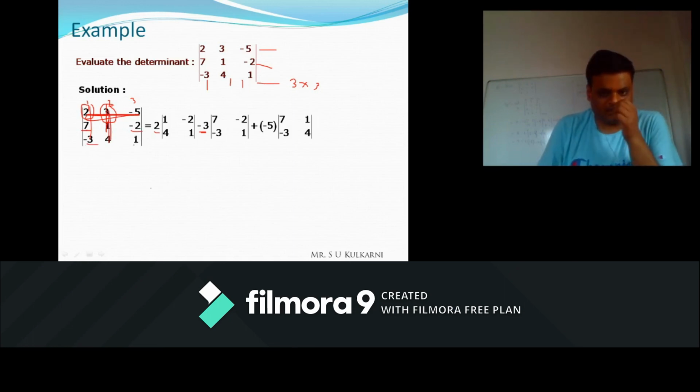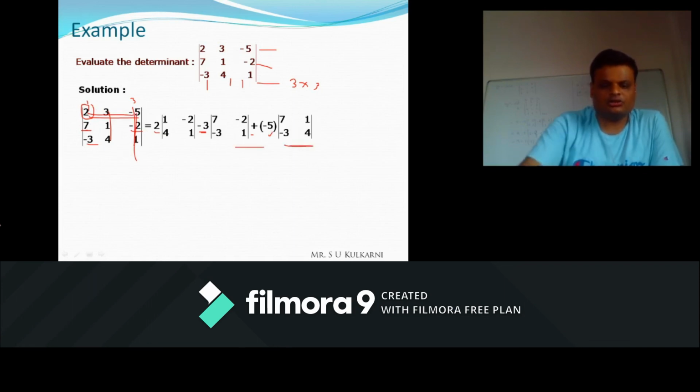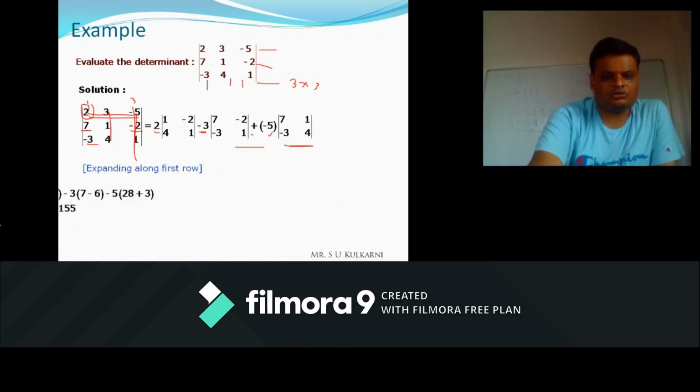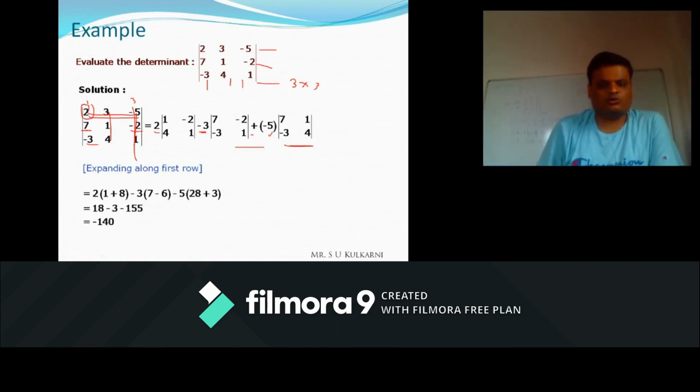Now for the last one you have a plus sign obviously, and the element is minus 5 as it is. If you delete the row and column in which this element belongs, what is remaining is the determinant 7, 1, minus 3, 4.